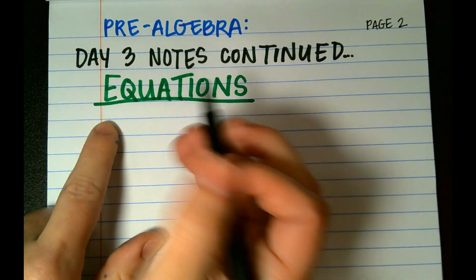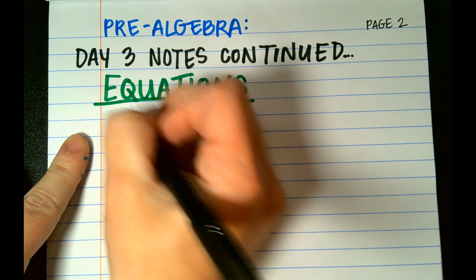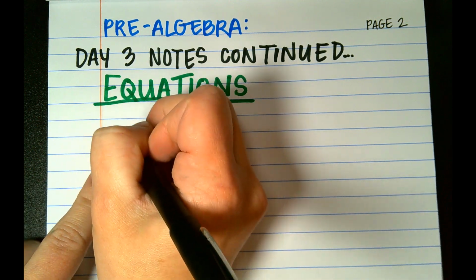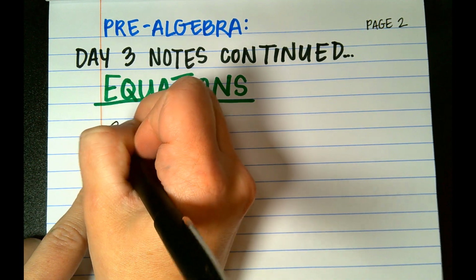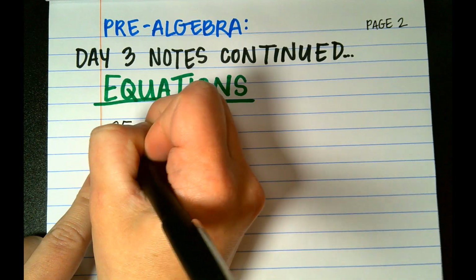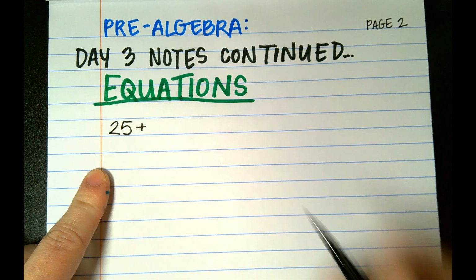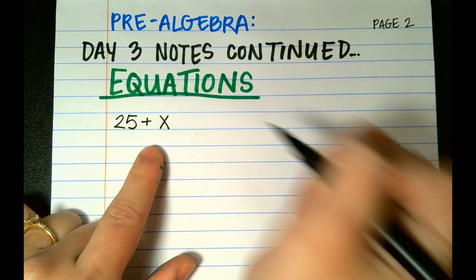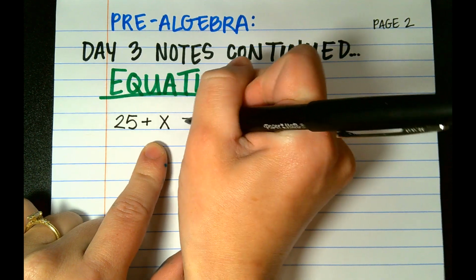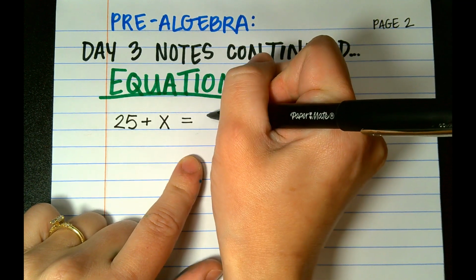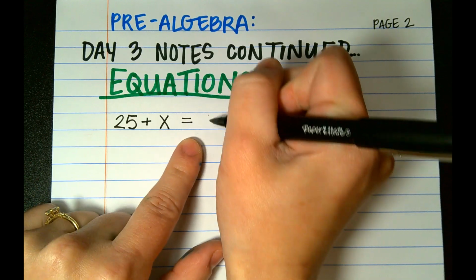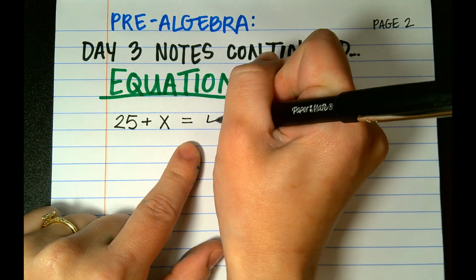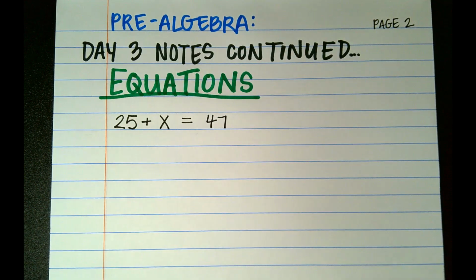For example, let's say I have 25 plus x equals 47.